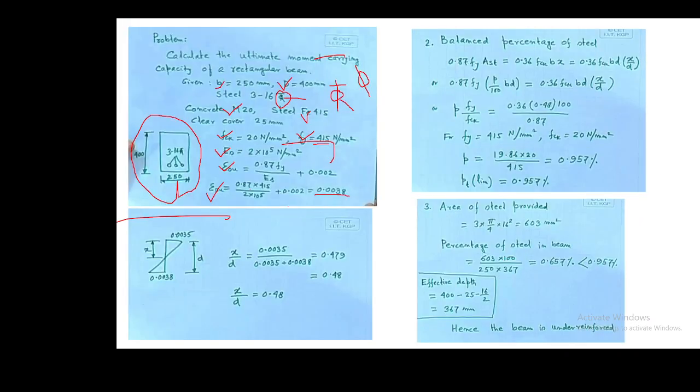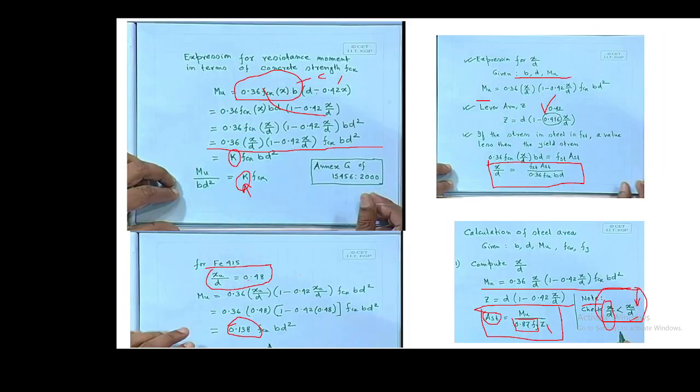They have used that, as you can see it here, to calculate the approximation 0.48, right? So by now you should understand that when the limiting strain in the steel is 0.0038, our XU by D is coming at 0.48, which we have also seen here.